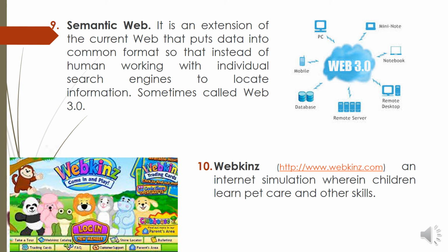So sometimes this semantic web is also what we call 3.0 of this technology, in which it is enabled to integrate virtually all kinds of information for more efficient and comprehensive retrieval. So this is what Web 3.0 is all about.